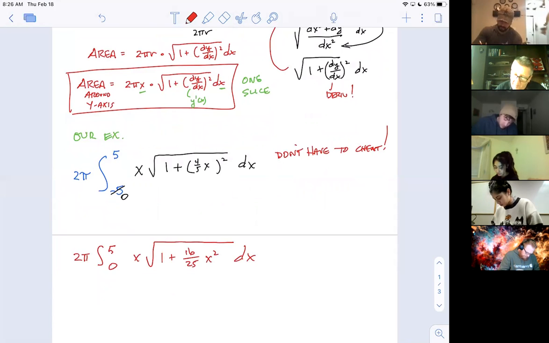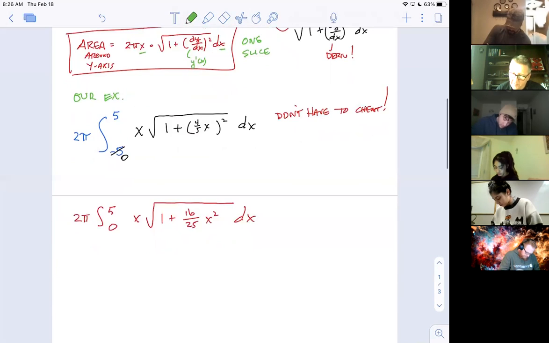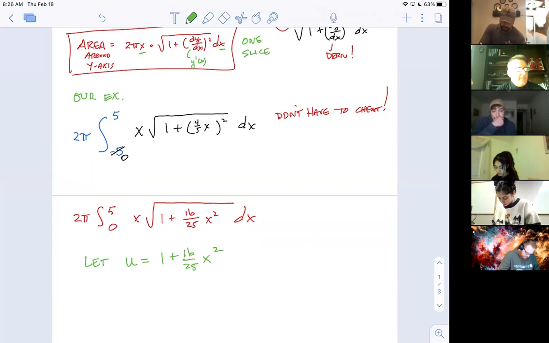And so my gut reaction, or the classic substitution here, we don't know for sure if this is going to work, but the classic substitution would be to let u be whatever's inside, because then that would just be the square root of u. So that's going to get rid of this.